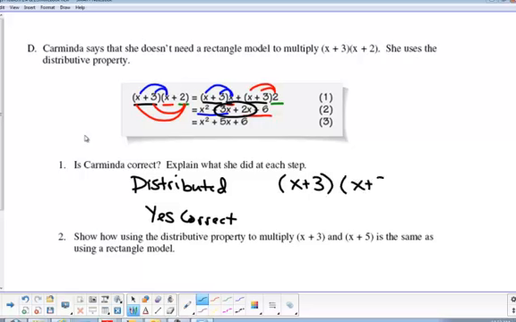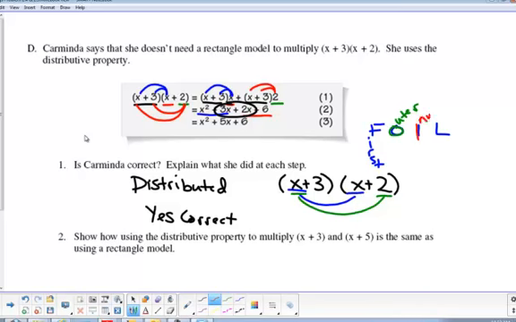There's also something called the FOIL method. I just like to think of it as double distribution. But this stands for first. And these are your first terms. I'll color code this. Outer. And these are your outer 2 terms.